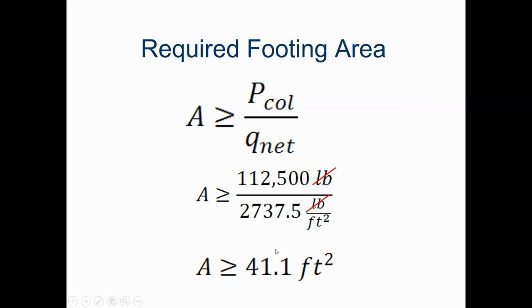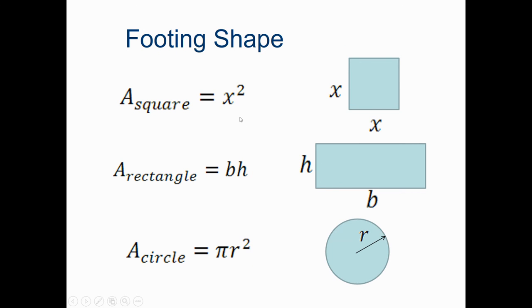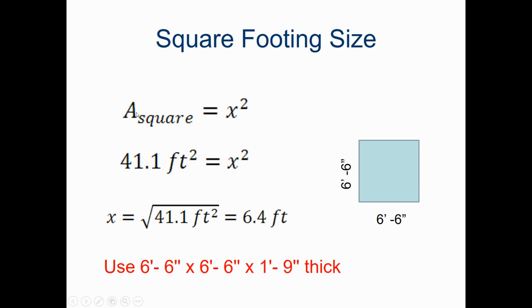So what we can do with that information now is size what a square footing would be like. If I want to figure out the side length of a square, it could be very simple. The area of the square is side length squared. Here is my total area equals x squared.